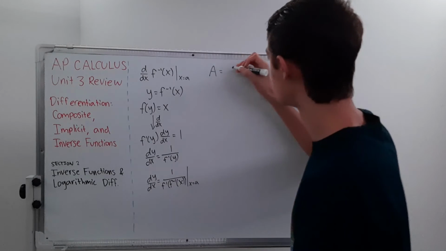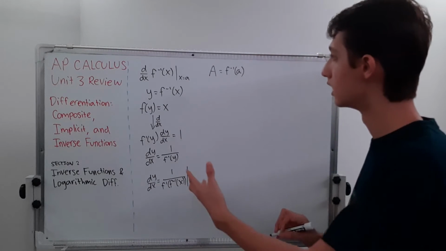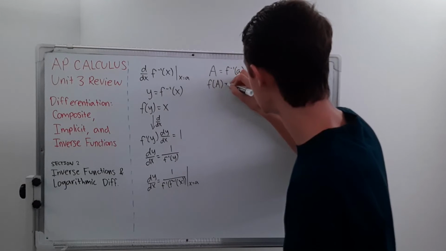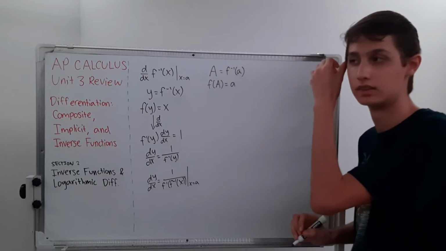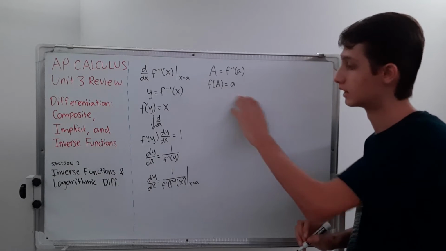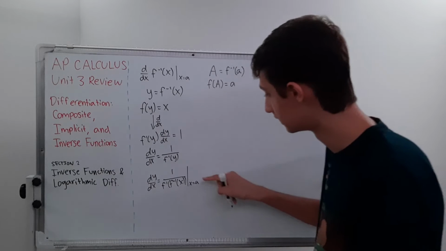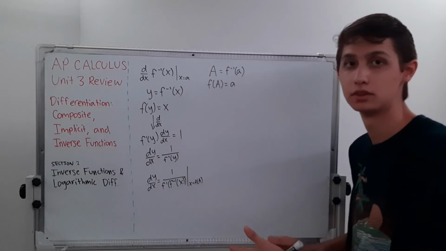If this is equal to f inverse of lowercase a, then we have that f of capital A equals a, because if we take f on both sides, it's going to cancel out. So really, we're just saying that x equals f of capital A. And I'll show you why that's useful in a second.